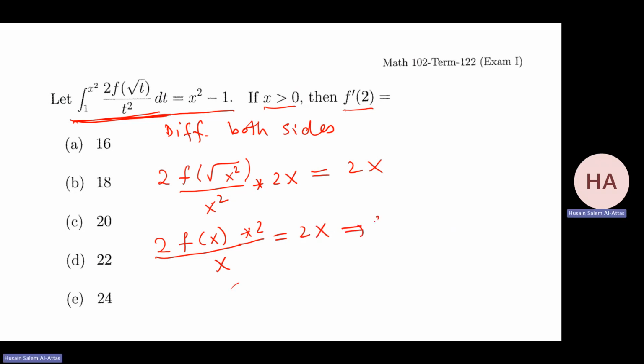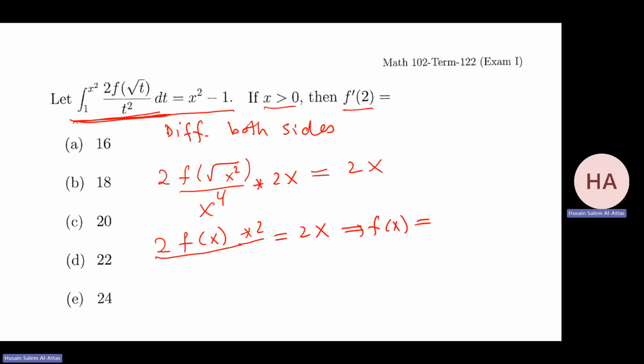So f of x is what? 2f of x over, sorry, this is x to the power 4. Yeah, sorry.